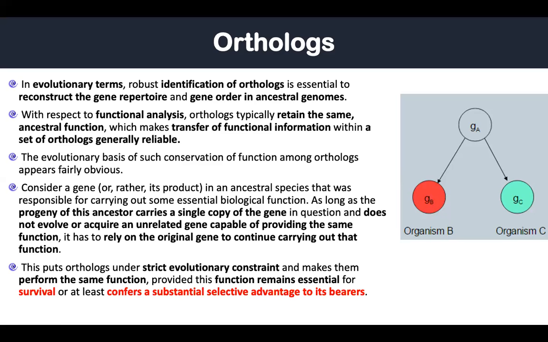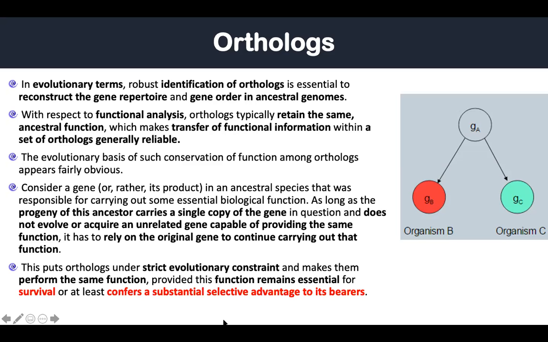So either the gene is no longer needed for survival and it will be lost, or another gene is acquired from another source that is able to do the same function, and then this original gene will either be lost or will evolve to do another function, right? So this actually puts the ortholog under a very strict evolutionary constraint and makes them perform the same function because there's only one copy of the gene and it requires it for survival, right?